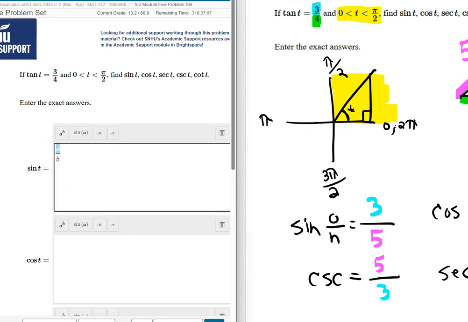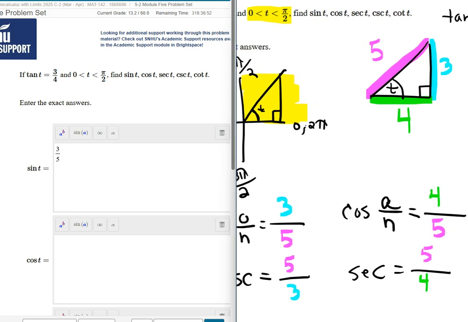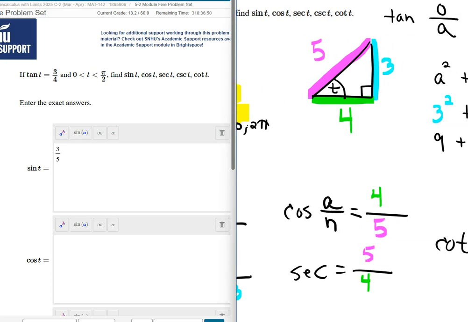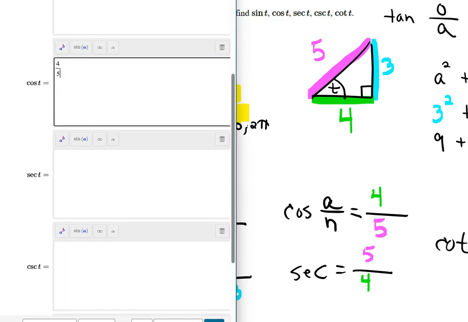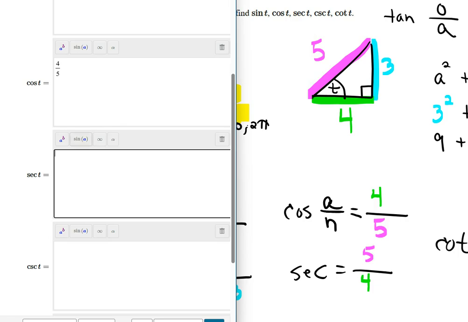And then cosine is 4 over 5. And then secant is 5 over 4.